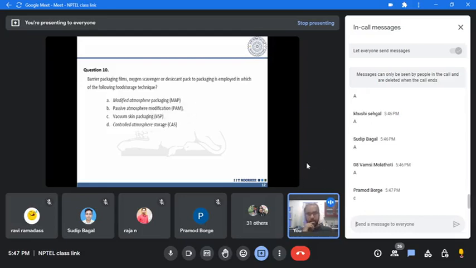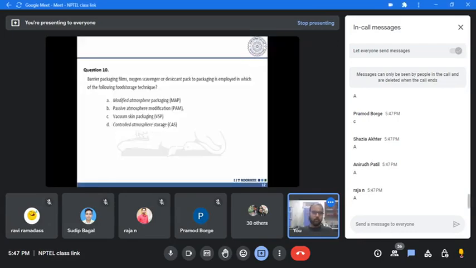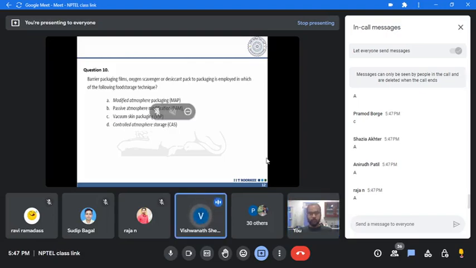Pramod is saying C. Anirudh Patil saying A. Sajia Akhtar is also saying A. Okay, Raja, option D. Okay.